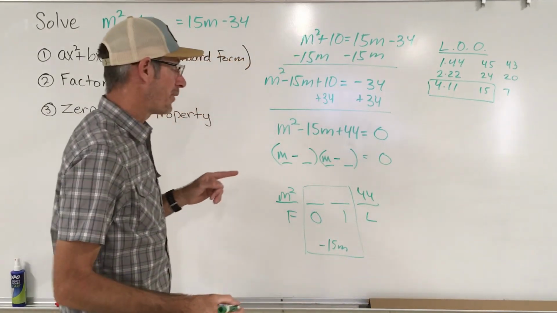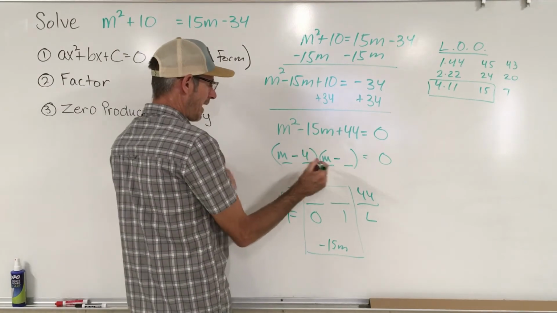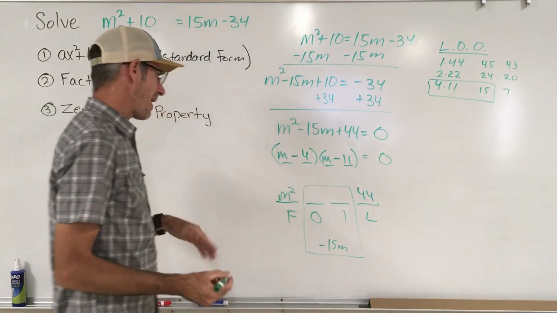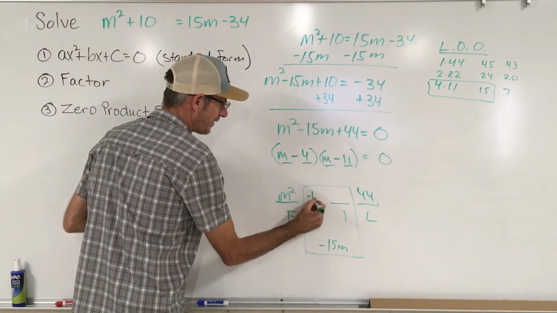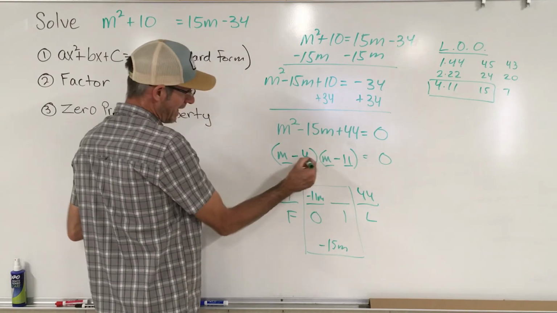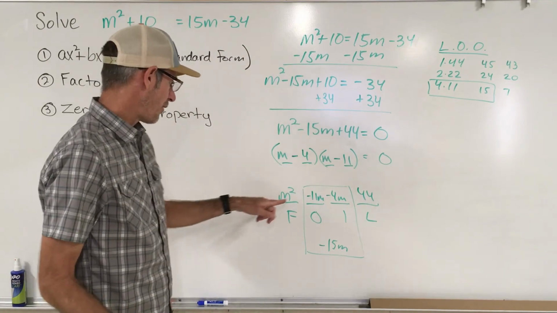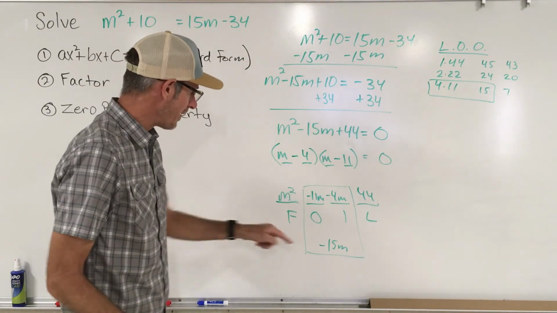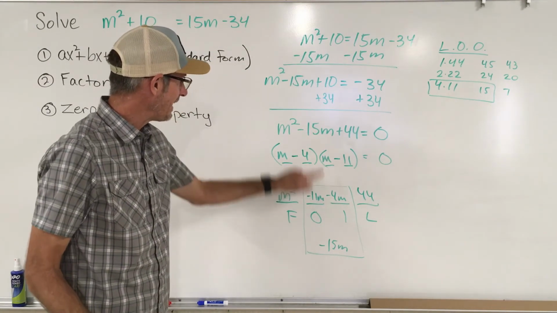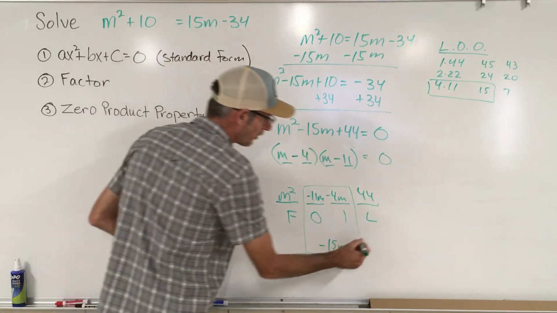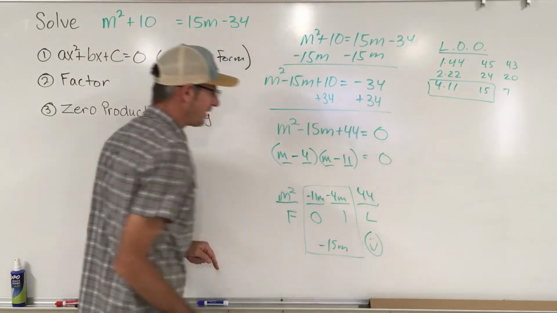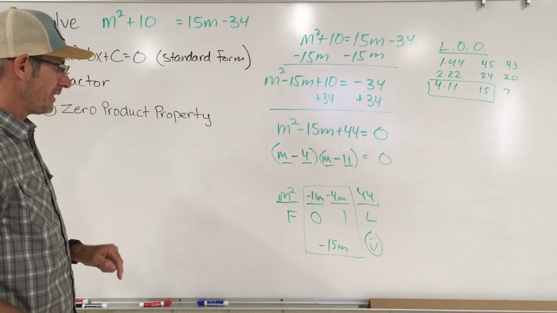So now I'm going to put my 4 here and my 11 here, and my outer is going to be negative 11m, and my inners are going to make negative 4m. And so negative 11m and negative 4m combine to make negative 15m, which is my middle term. So it looks like I have this thing factored correctly.